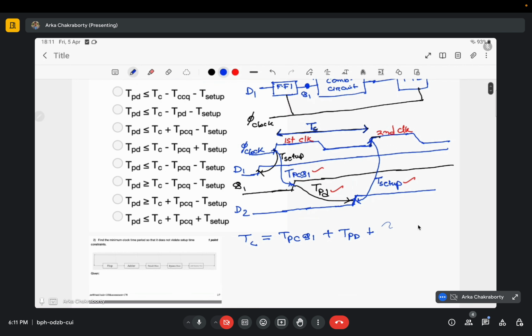So plus T setup. So it is the maximum value of these 3.